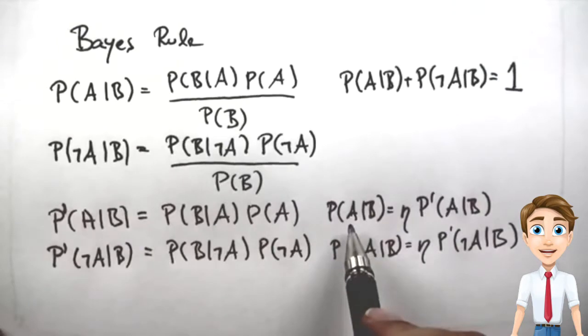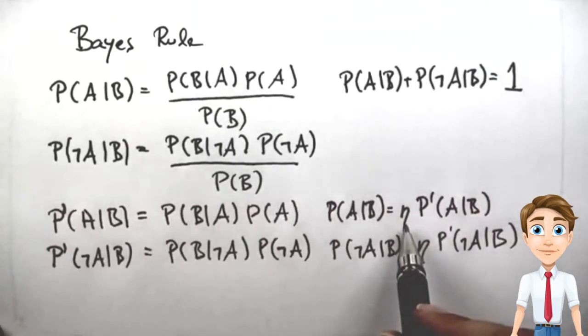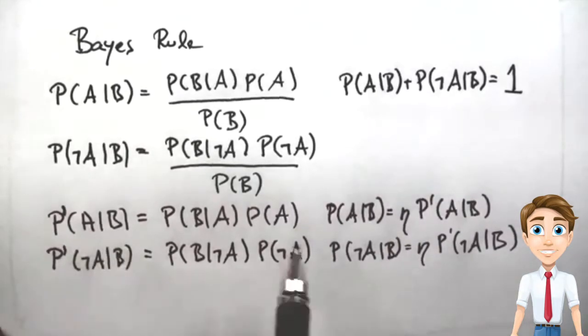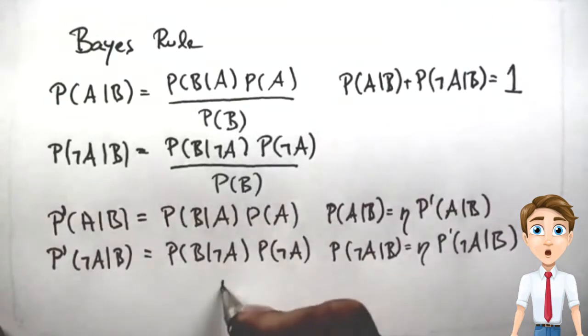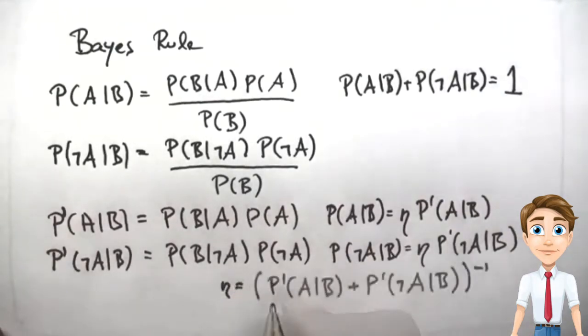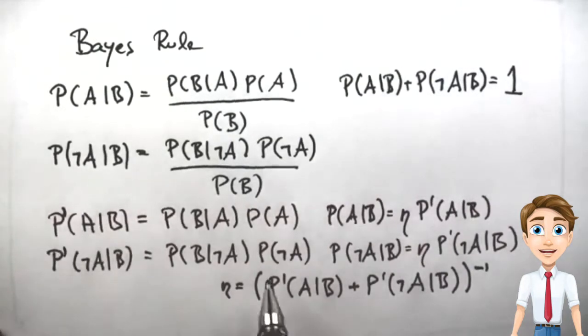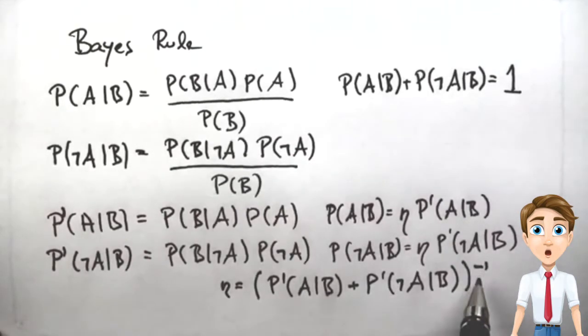So the probability of a given b, the actual probability, is a normalizer eta times this non-normalized term over here. The same is true for the negation of a over here. And eta is just the normalizer that results by adding these two values together, as shown over here, and dividing them into 1.